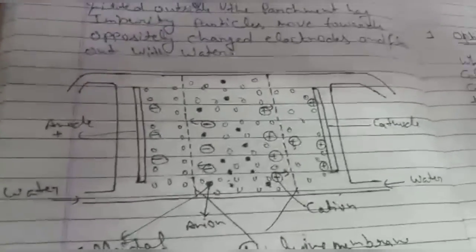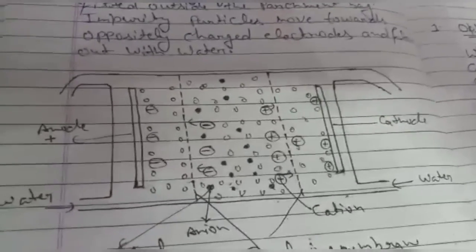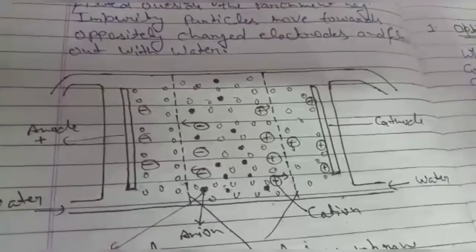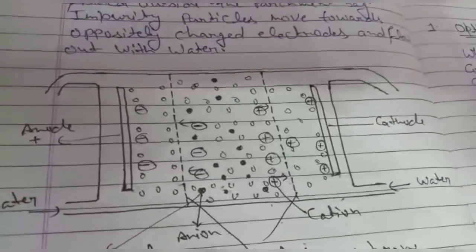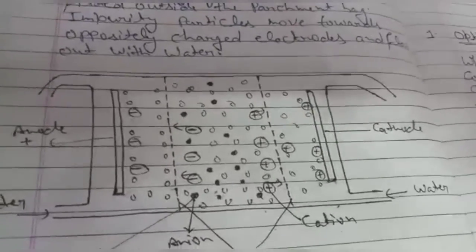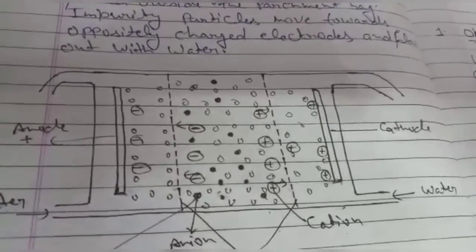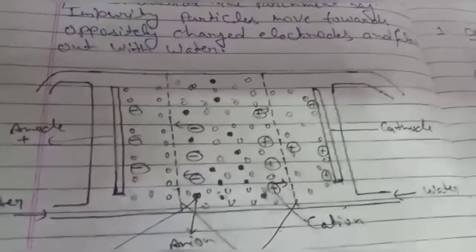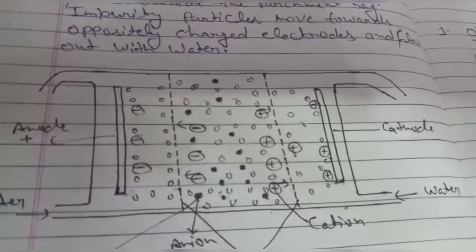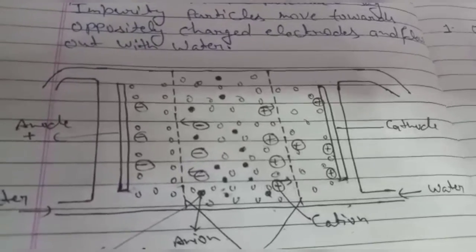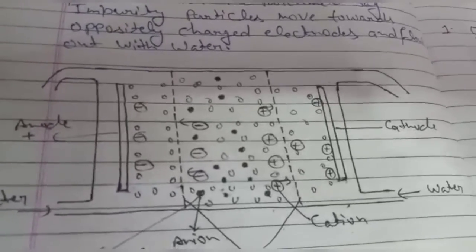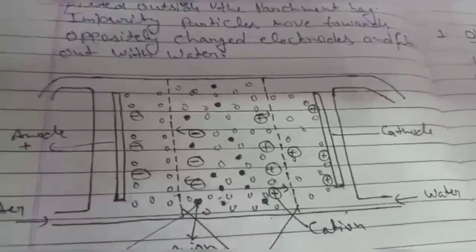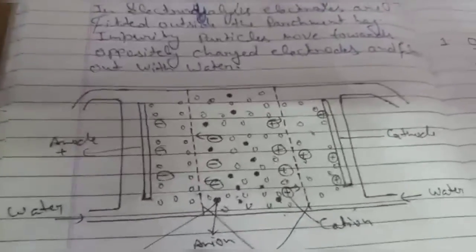This is the arrangement. There are two electrodes fitted outside the parchment paper, anode and cathode. When electric current is passed in the solution, positive electrolyte moves towards the cathode and negative particles of electrolyte move toward the anode. So this is the process for removing impurities from colloidal solution.